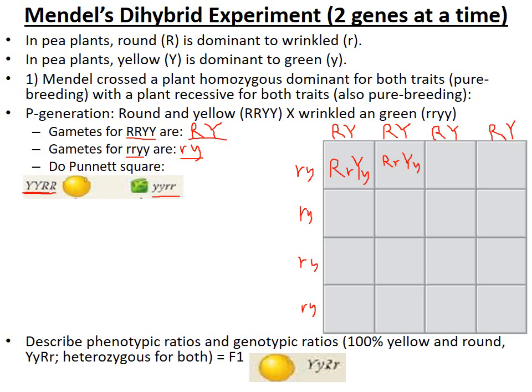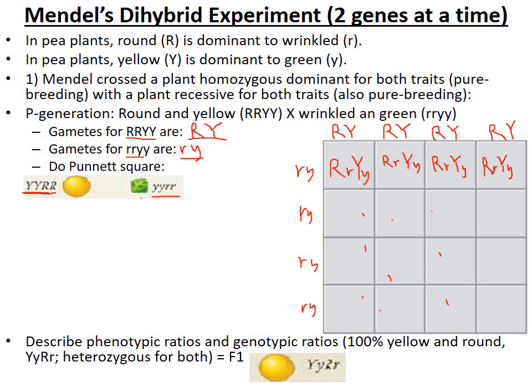And you'll notice that you'll get that in every single square because our gametes are all the same. So in reality, I could have had only 1 square for this, but not all your crosses for dihybrid are going to be that simple. So you can do that for all these ones here, and you'd have the same result.